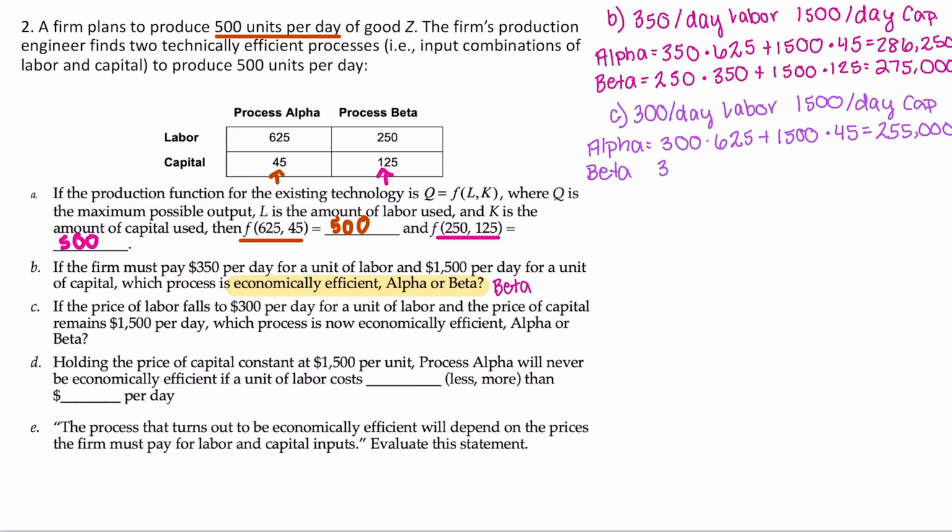Beta will be 300 times 250 plus 1,500 times 125, which will be 262,500. So when our price of labor falls, then alpha becomes more economically efficient.